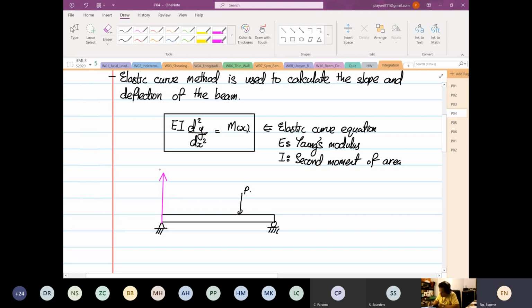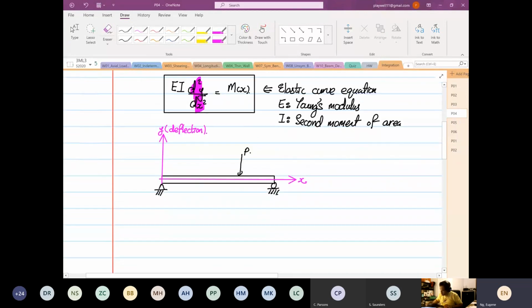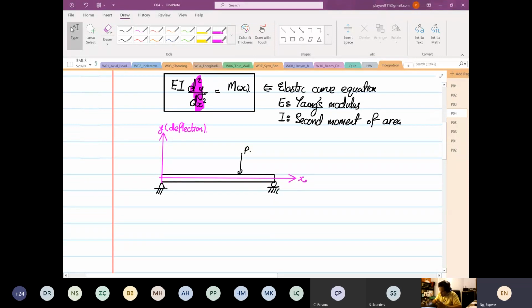So this is y. Y dictates deflection. And this axis is x. That is why we have our expression d squared y over dx squared. Y is the deflection, x is any position along the beam.